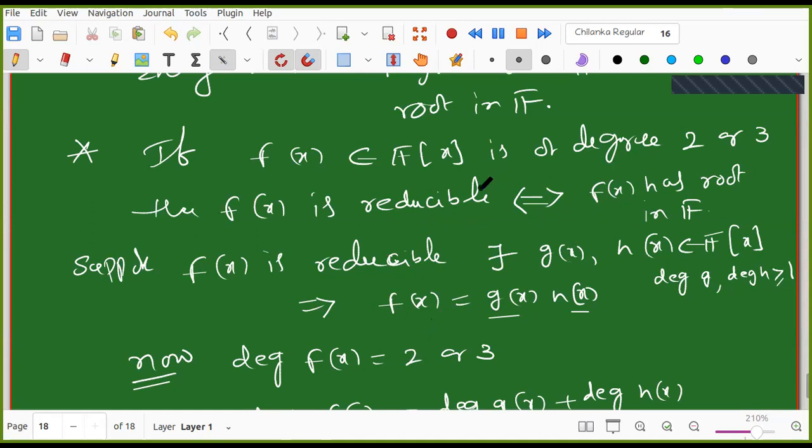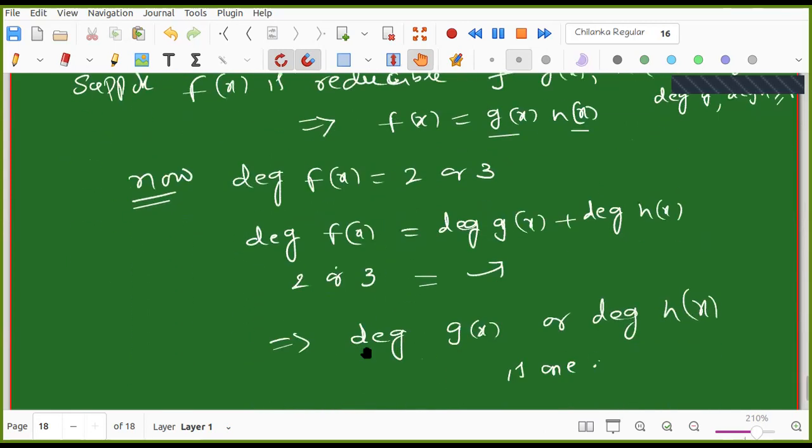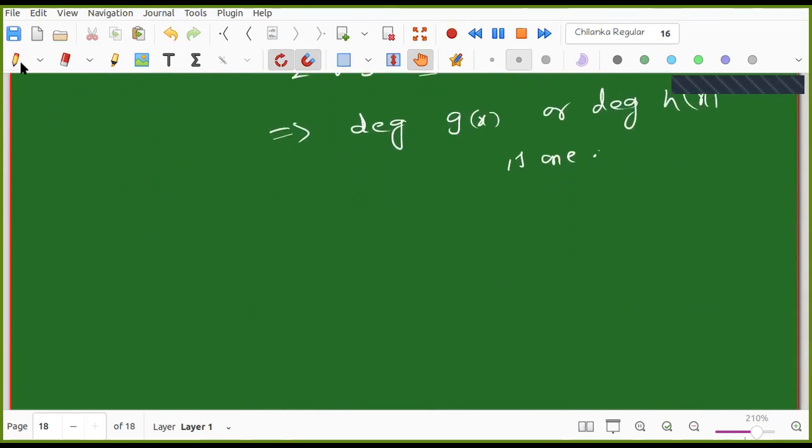Why I am telling you this particular thing: this is a very beautiful part. To check whether a given polynomial is reducible or irreducible, it is sufficient to check whether it has a root in F. But this works only for degree 2 or 3.